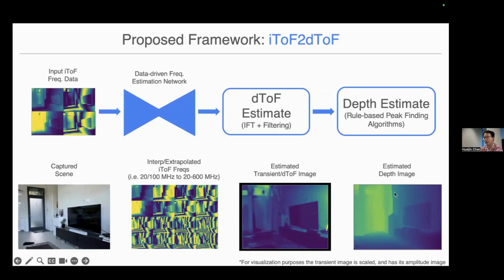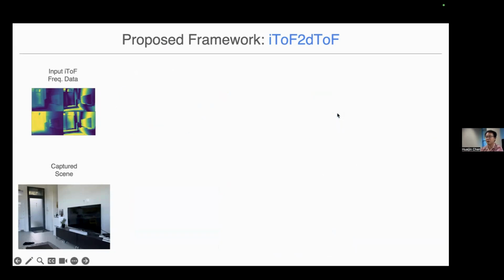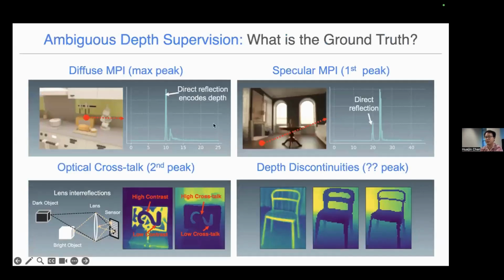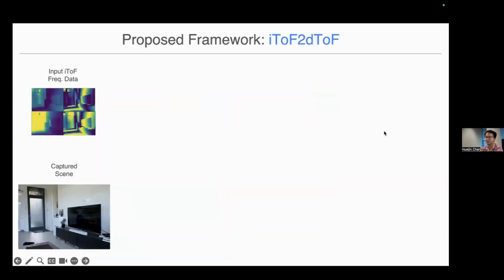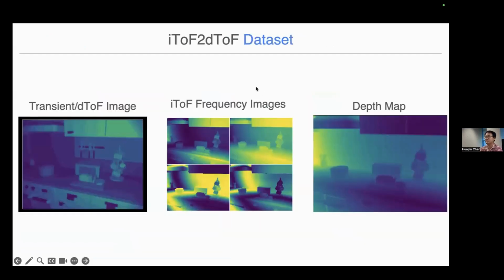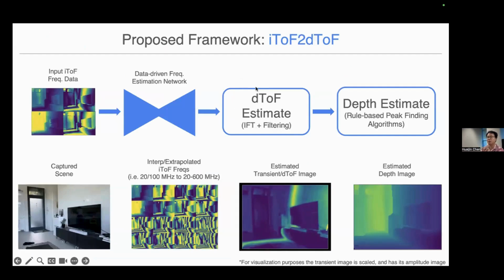Beyond that, with the transient image, you will be able to estimate the depth by using rule-based peak finding algorithms. Depending on what kind of scenarios you have, you have the flexibility to estimate the depth within the scene. Okay, so that's the overall overview of our proposed method.